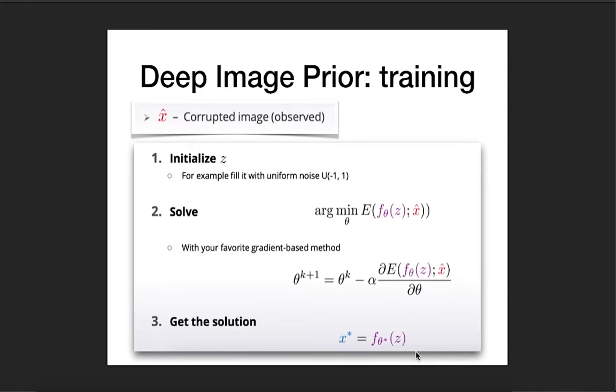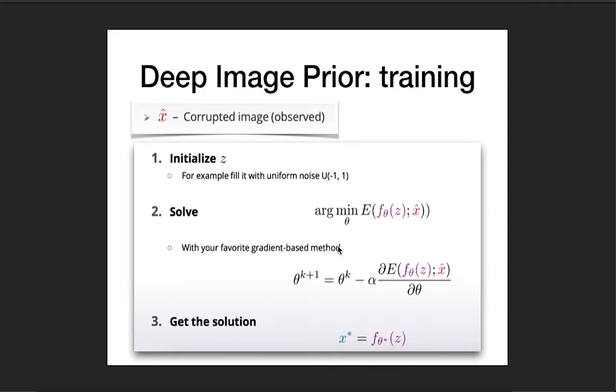I'll show you how they trained it. You don't have a label of a denoised image, for example. So you can just initialize this z with some random noise between -1 to 1, and you want to minimize this.